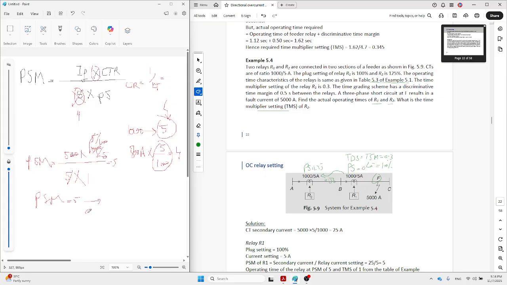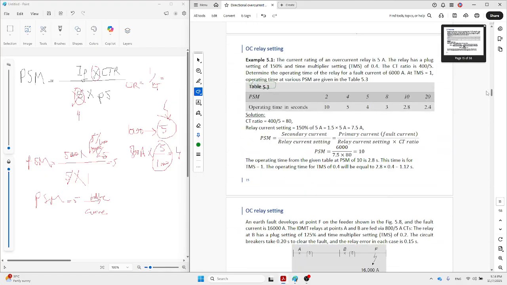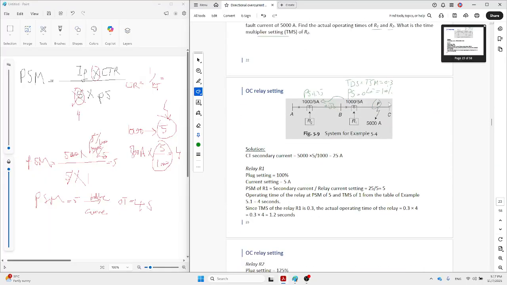Since there is no curve, it is a table. So using the table, PSM equal to 5, the operating time of the relay is 4 seconds. But this one is given as TSM equal to 1, and the selected TSM for this relay is 0.3.